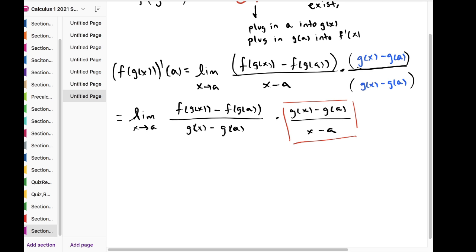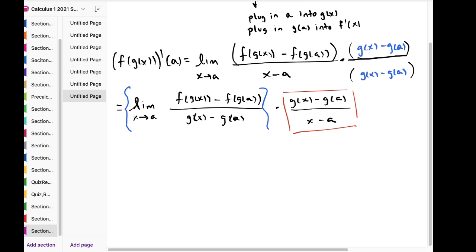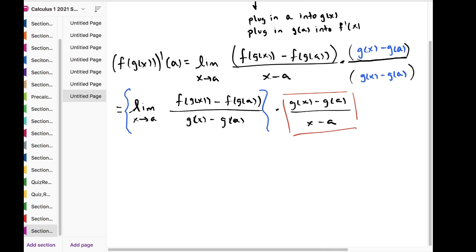So now, all we have to do is really work on this side. So I'm going to do a little trick. It's called changing variables. Because this term here looks eerily like a derivative, right? I'm going to let u equal g of x.